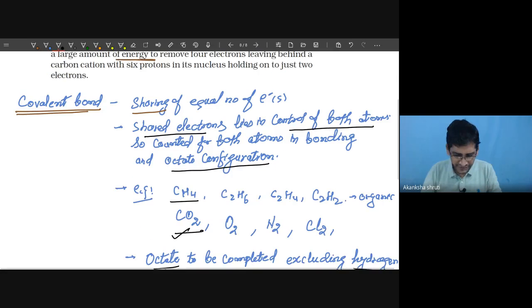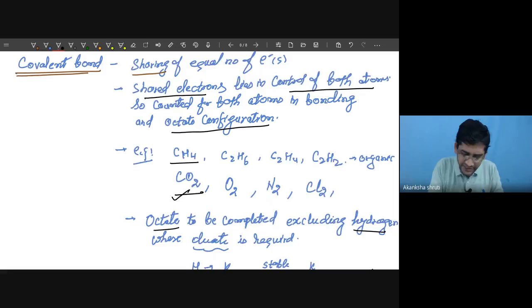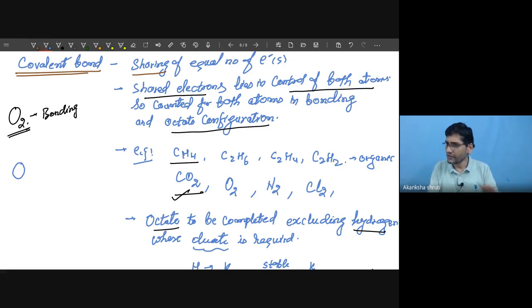Student, let us consider oxygen. So O2, how is the bonding? If we consider oxygen, their electronic configuration, only the outermost electrons we will write here.